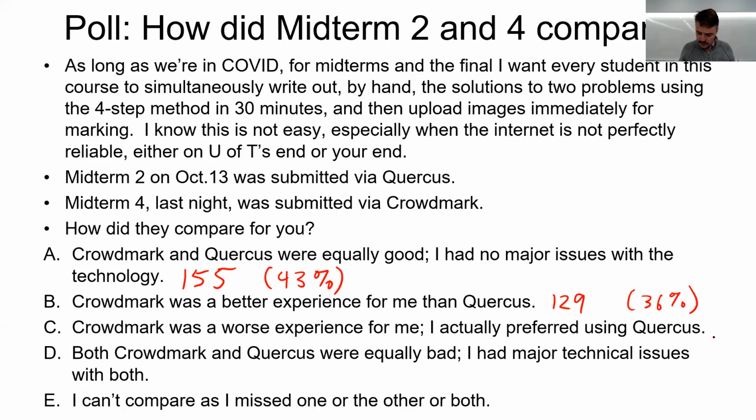But then, of course, there's the 68 who had the opposite experience. So that's unfortunate, 18%. But I think still there's sort of a winner there, I guess. And then 13 of you had a bad experience with both, and 4% couldn't compare. Okay, so that's helpful.